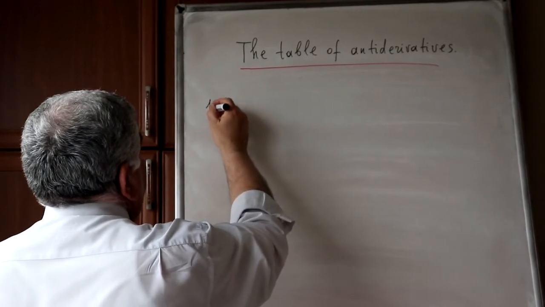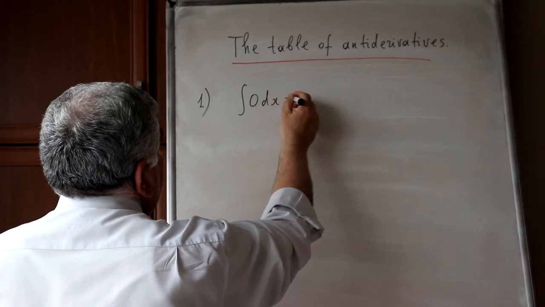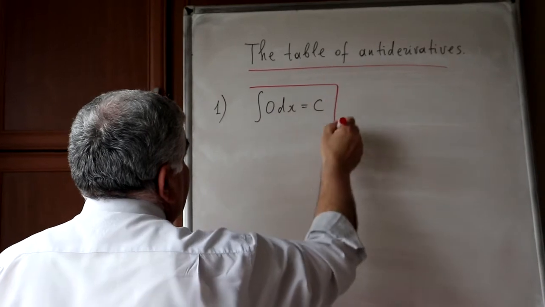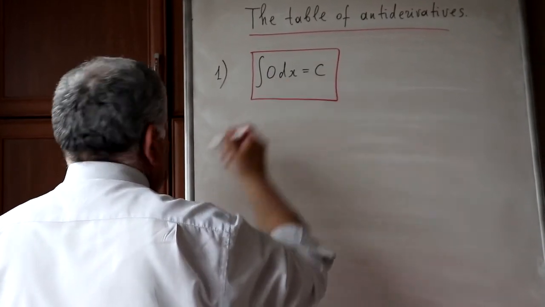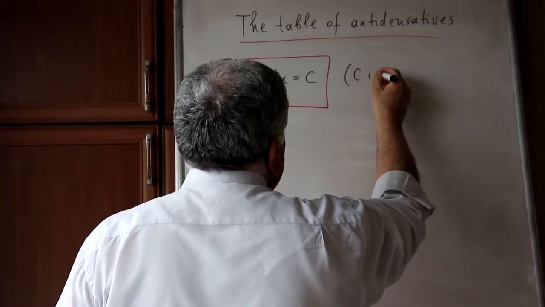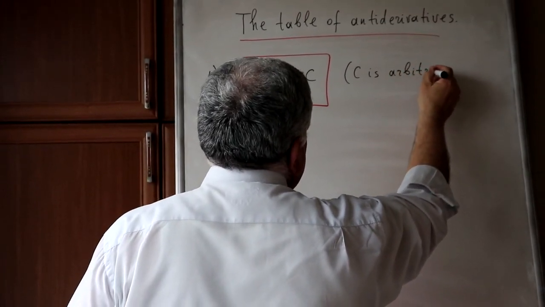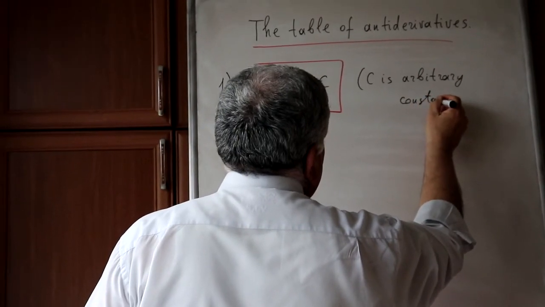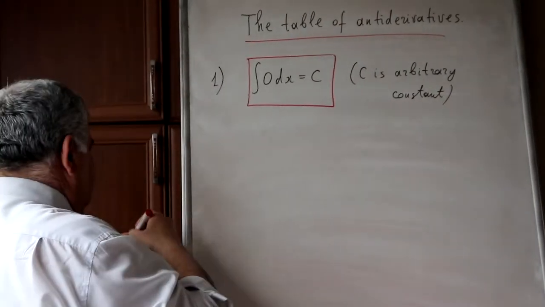First, integral of 0 dx is c. Here the integrand is 0 because the derivative of c is 0. C is an arbitrary constant.